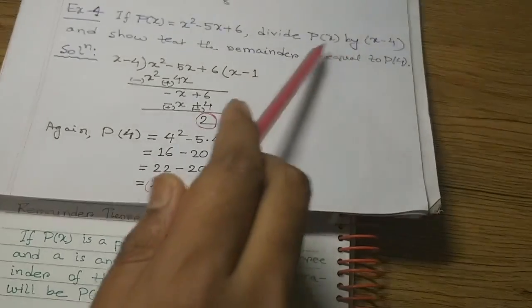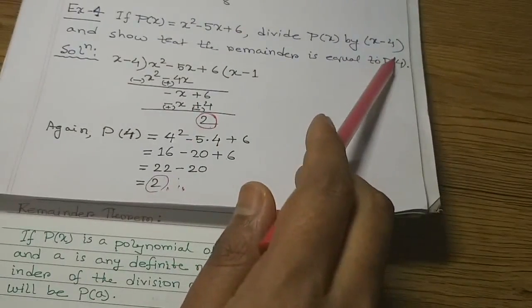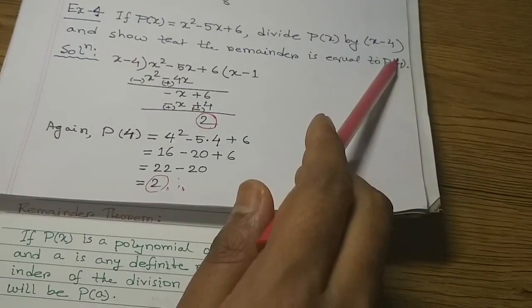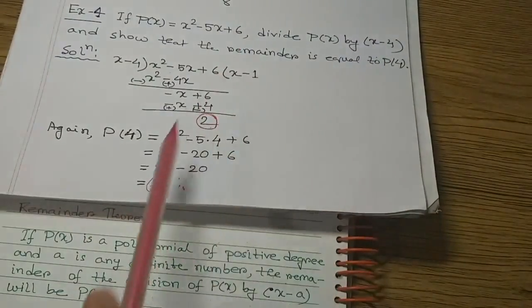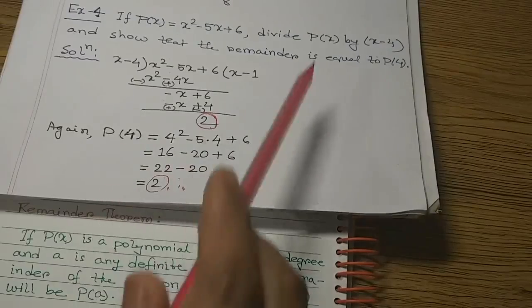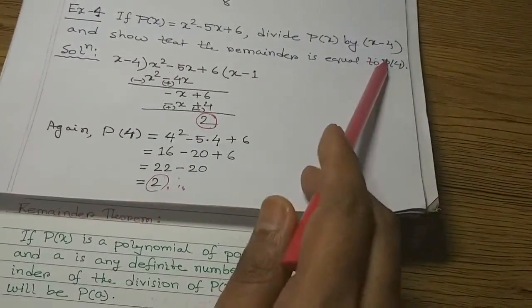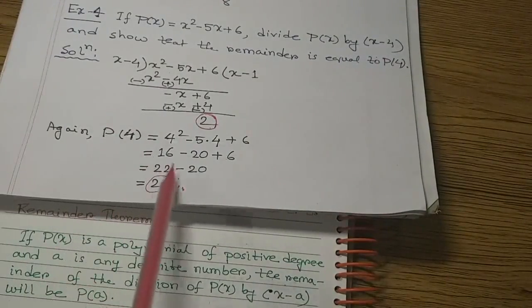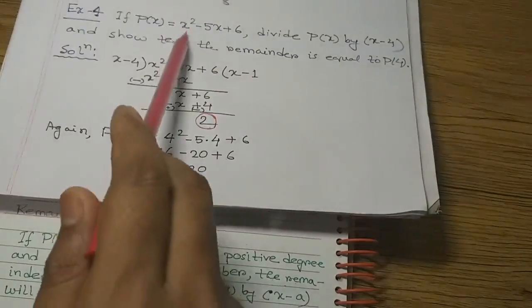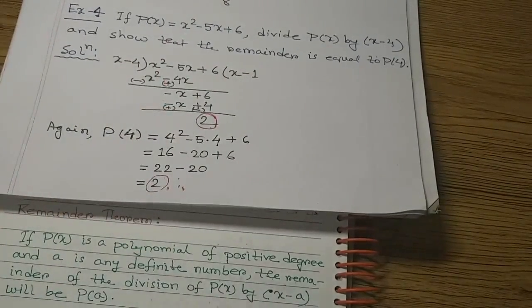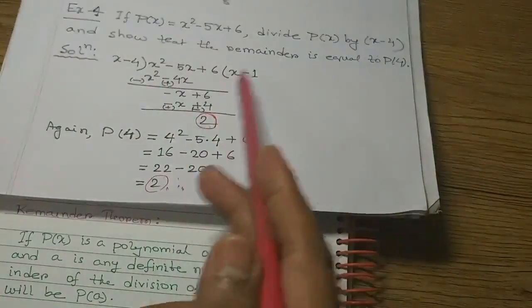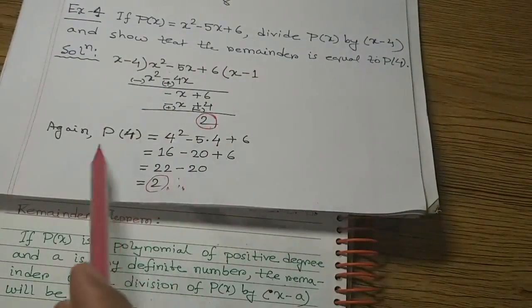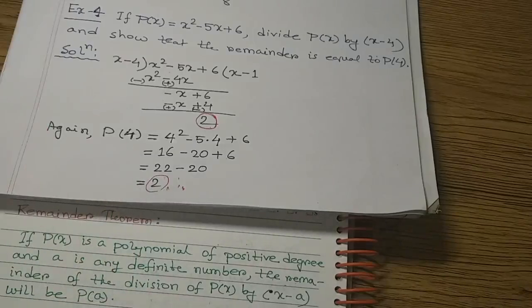So if you divide the polynomial by x minus 4, the remainder will be p(4). If you divide the polynomial by x minus 5, the remainder will be equal to the value of p(5). If you divide the polynomial by x minus 6, the remainder will be equal to the value of p(6).